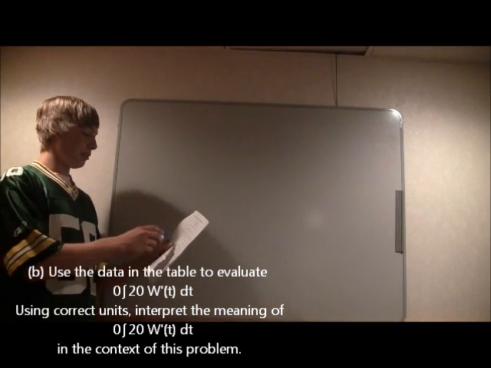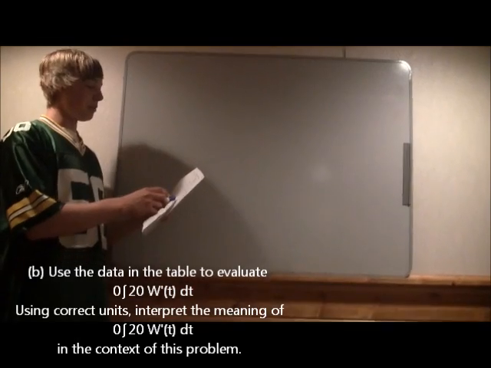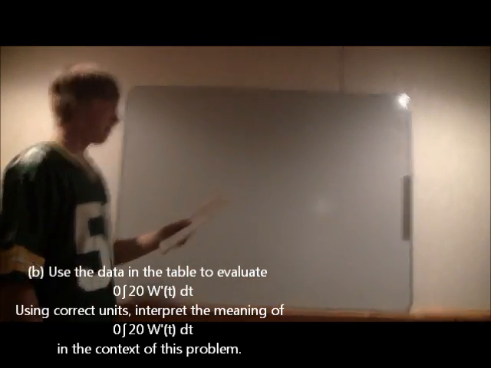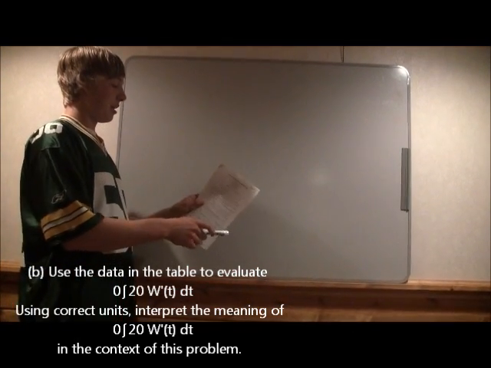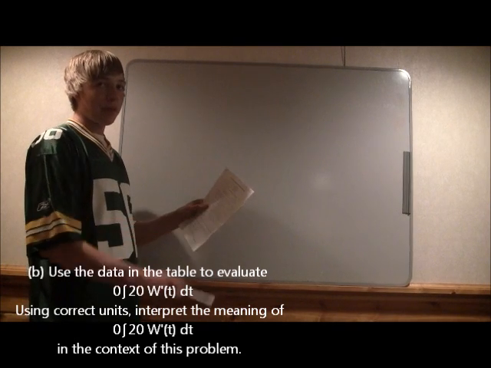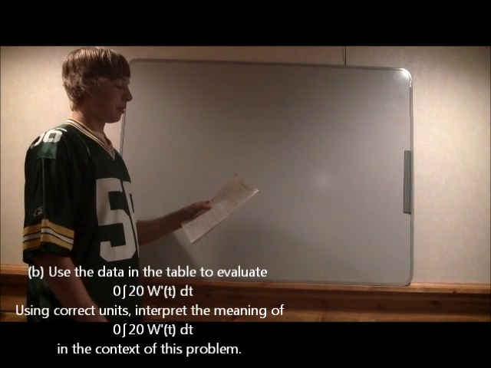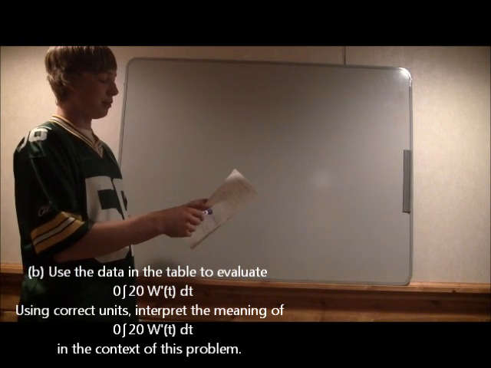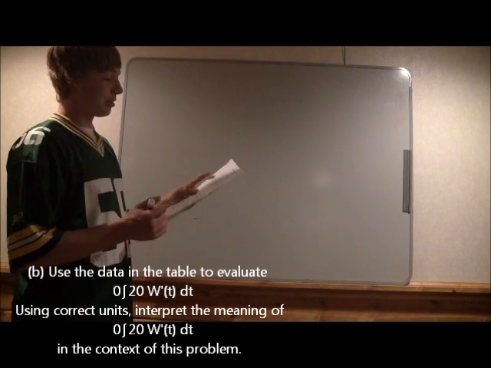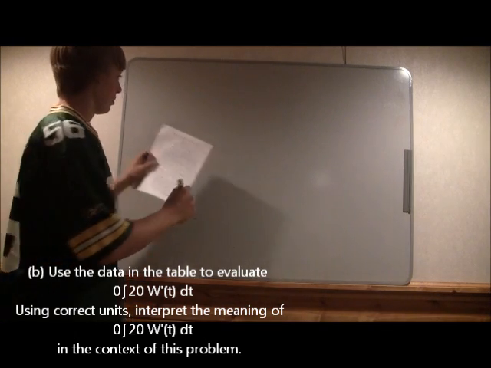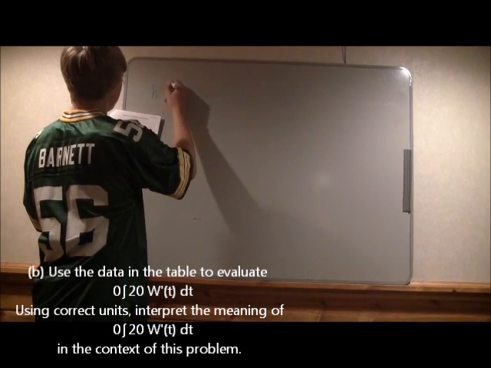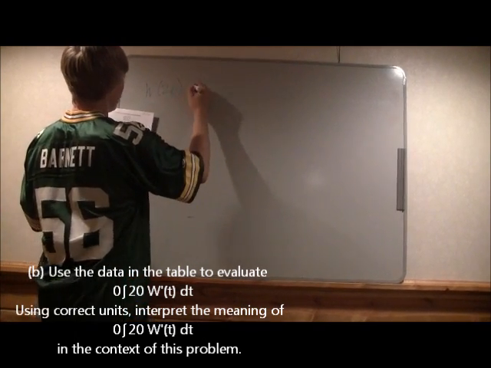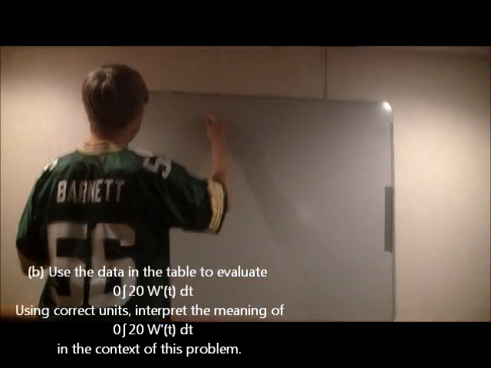Alright, so this is the integral from 0 to 20 of w prime t dt. And the way this works is that the integral and the derivative cancel out. So then we use one of the fundamental theorems to take w of 20 minus w of 0, and that will give us our answer. So we have w of 20 minus w of 0.